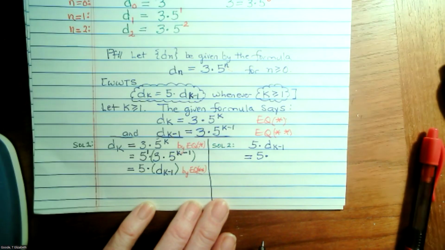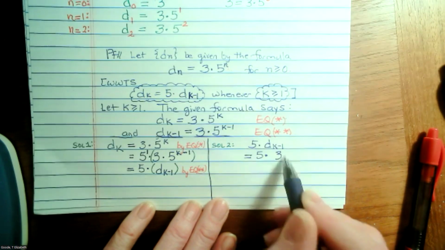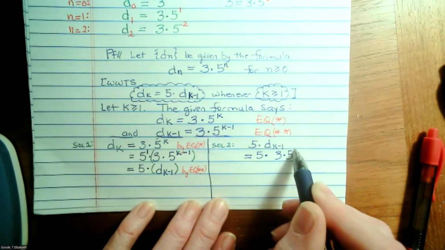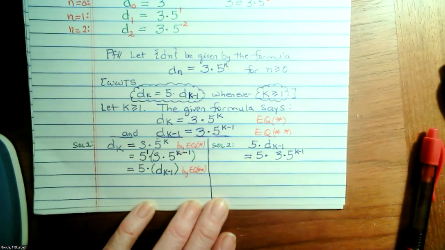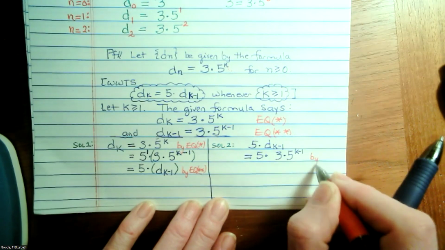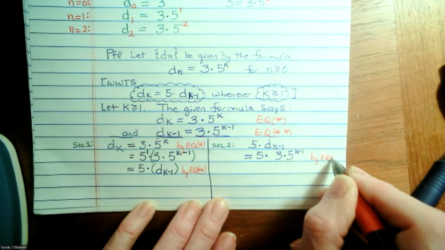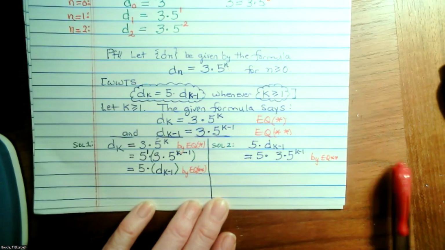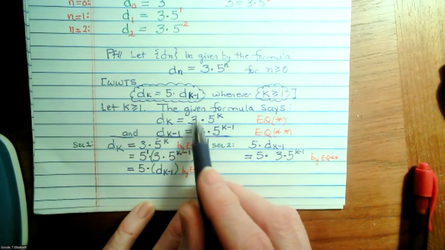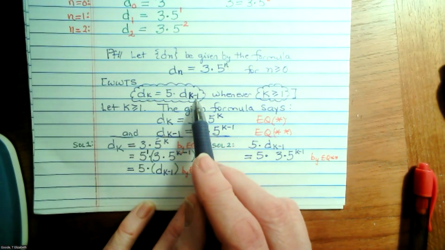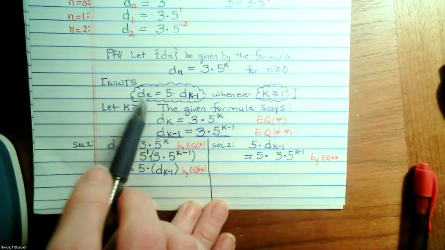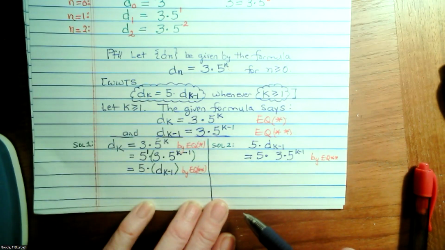What do we know? It's 3 times 5 to the power of k minus 1. And that's by equation double star, isn't it? Yes. So we're starting with 5 times d sub k minus 1, and we want to turn it into d sub k, right?